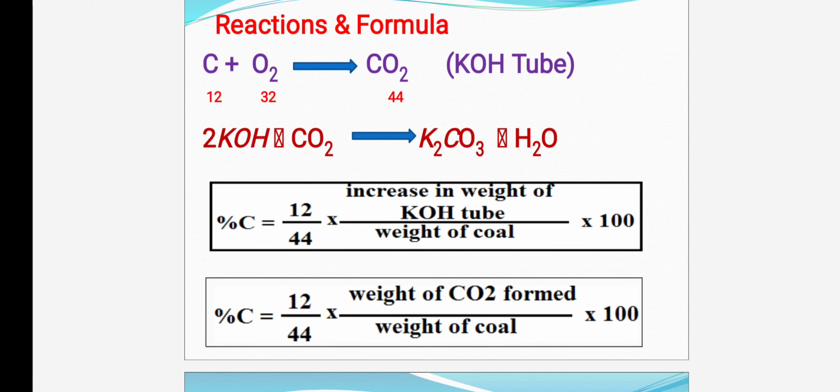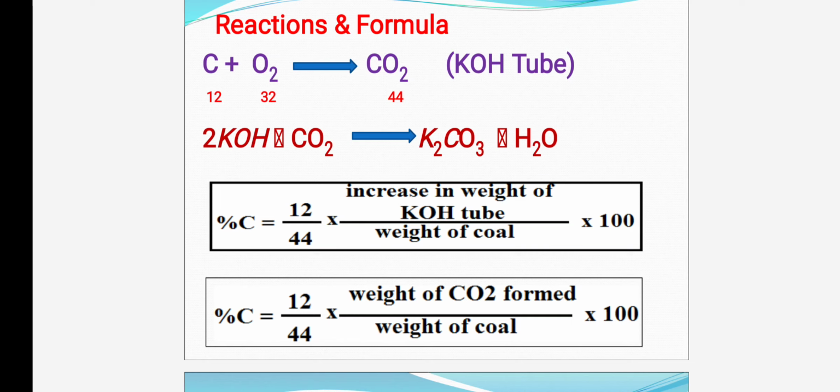CO2 is absorbed by KOH. Again I am telling you, in the second reaction there is no multiplication between KOH and CO2; it is a mistake, simply a plus sign is there. In the second reaction you can see 2 molecules of KOH are required for reaction with 1 molecule of CO2.